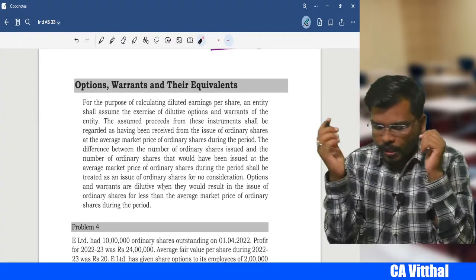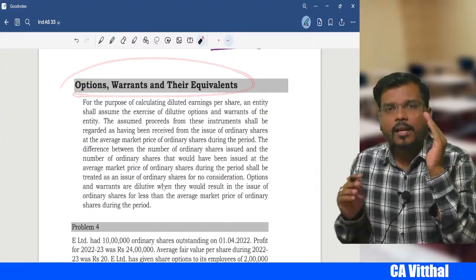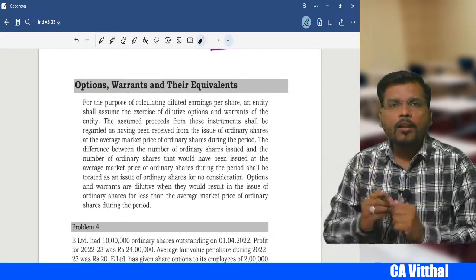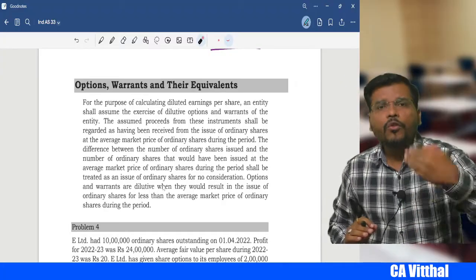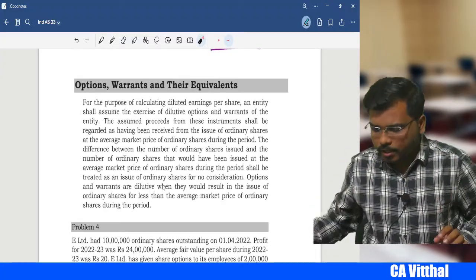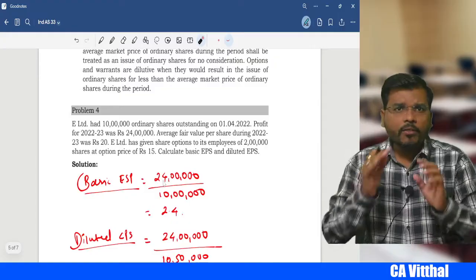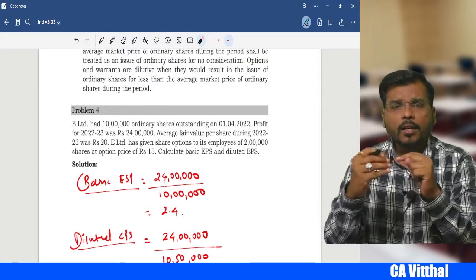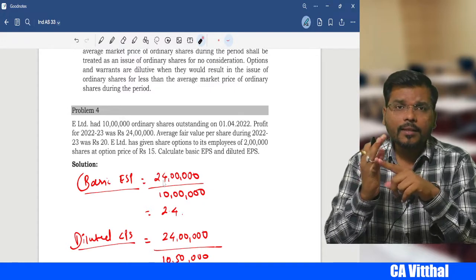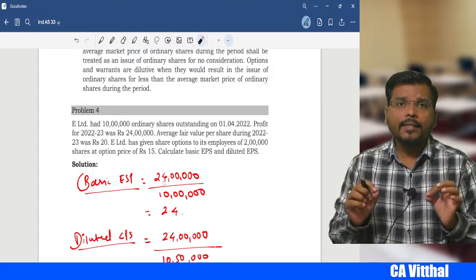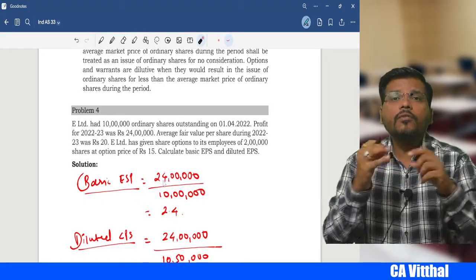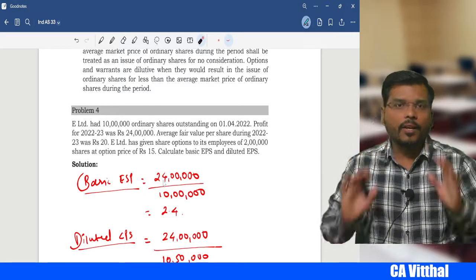So whenever these options are available with a company, they need to calculate diluted EPS again, because in the future their EPS is going to get diluted. So how to calculate? Remember, whenever there is an option or warrant which is converted into shares, you should always consider the portion of the shares which are issued other than cash.